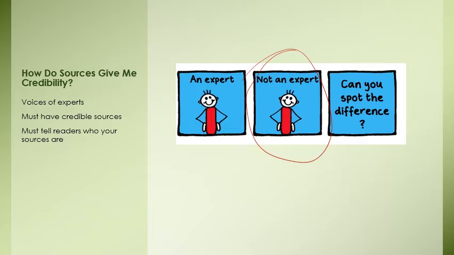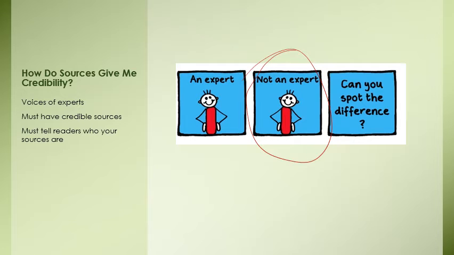I've listened to them and I've considered what they have to say. You do not have to agree with or believe what they say, but if you do not talk about what experts say, then it demonstrates that you have not been paying attention to what experts have to say.